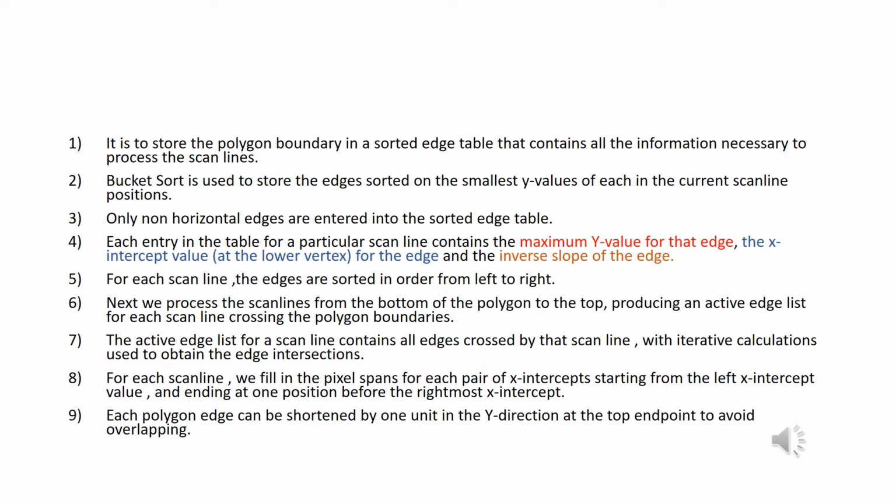Non-horizontal edges are entered into the sorted edge table because here we are not considering any horizontal edges. Each entry in the table for a particular scan line contains the maximum y value for that edge, the x intercept value at the lower vertex of the edge, and the inverse slope of the edge. These three fields we are considering for a particular scan line.